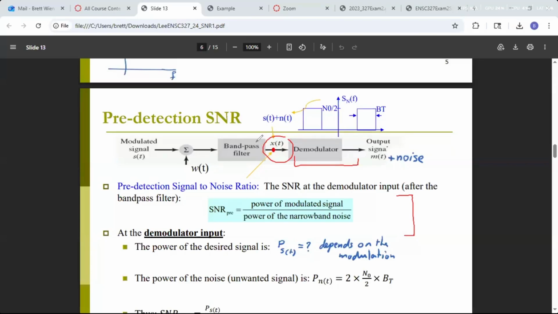So we've trimmed the amount of noise, the noise having the same bandwidth as the signal bandwidth. So at this point in the block diagram, this is the pre-detection SNR. The reference SNR is usually going to be the same as that, I think. Is it only in the FM case that it's different?